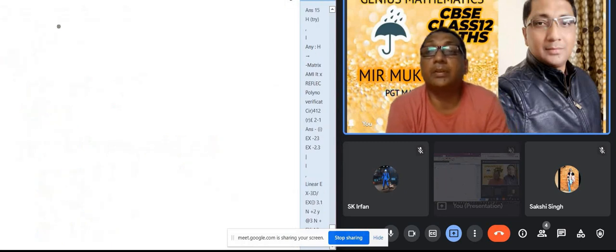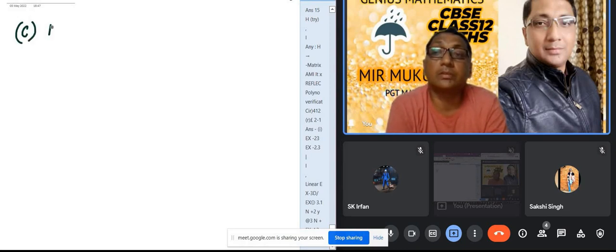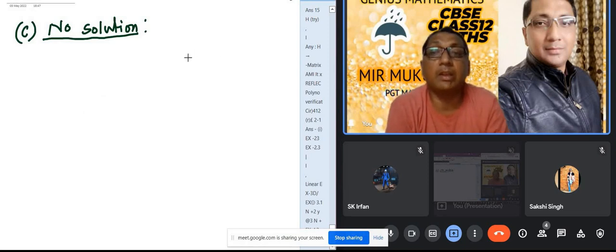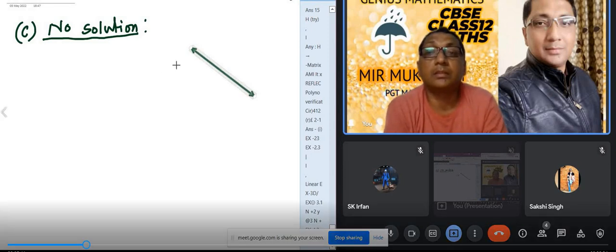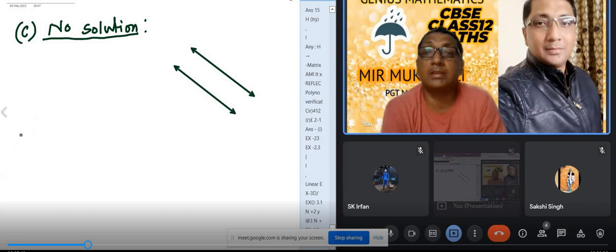Now the third type, that is C, no solution. If a system of equations has no solution, then its graph you will get parallel. That means if you draw the graph of two lines, we'll get parallel lines.